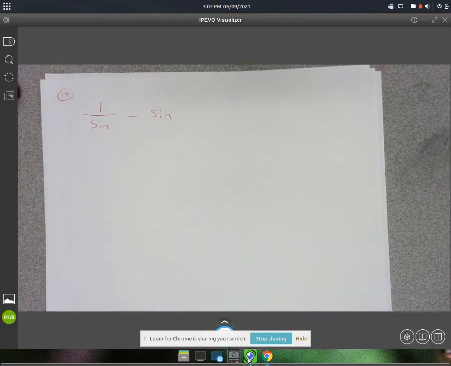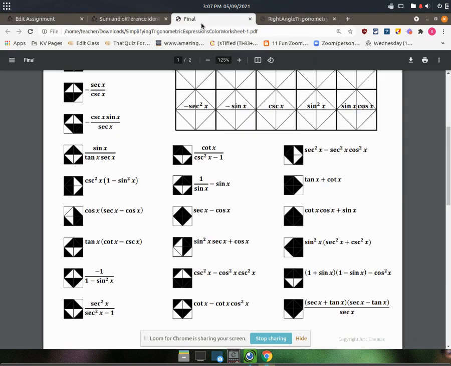All right, number 15, as I call it. This is your 1 over sine minus sine. Any of these, well, actually, this is going to be one of the only ones because I'm going to cover this tangent plus cotangent as well. This problem and this problem are going to be similar.